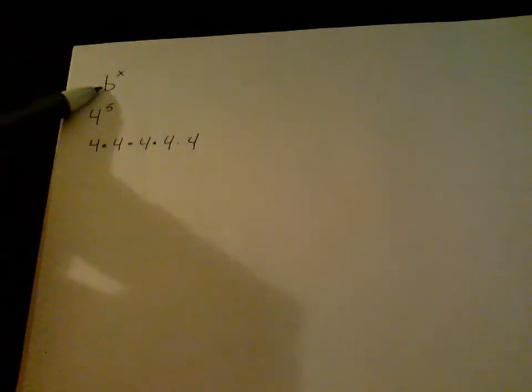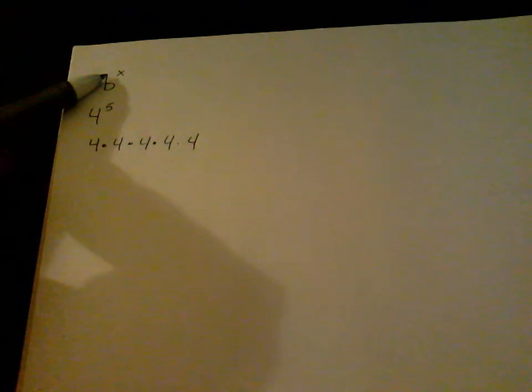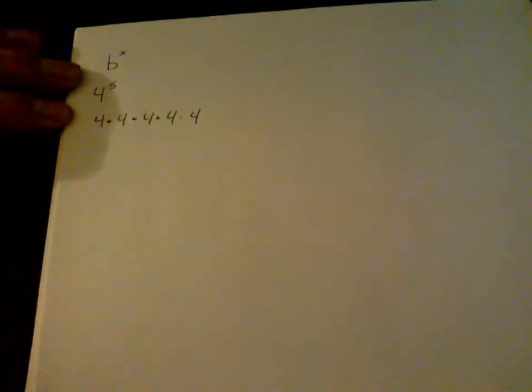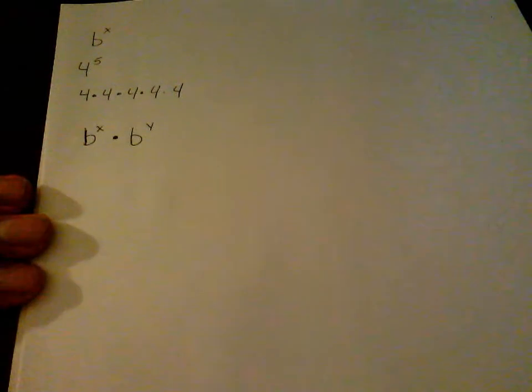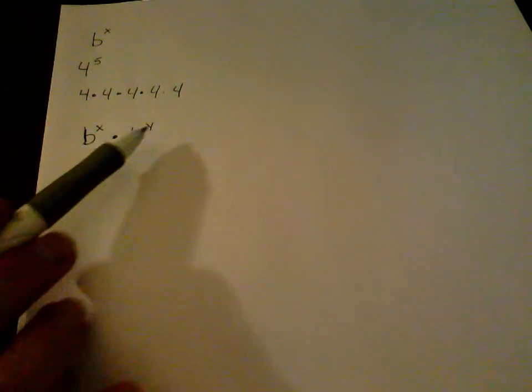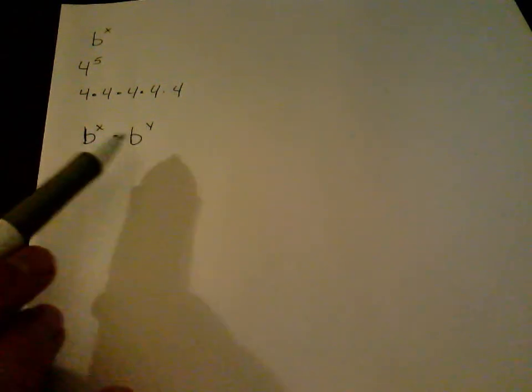So when I say b to the x, what I mean is this is the base and this is the exponent. Our first rule is known as the addition rule. If you have a base with an exponent and a base with another exponent, so b to the x times b to the y, with the same base and multiplying, you actually add the exponents.